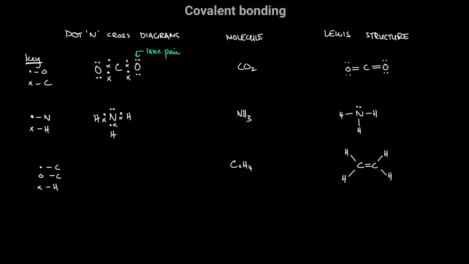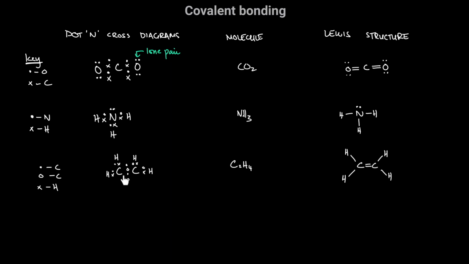So over here, in the dot and cross diagram, we have a double bond between the 2 carbon atoms, and then we have a single bond between each carbon and hydrogen, right?